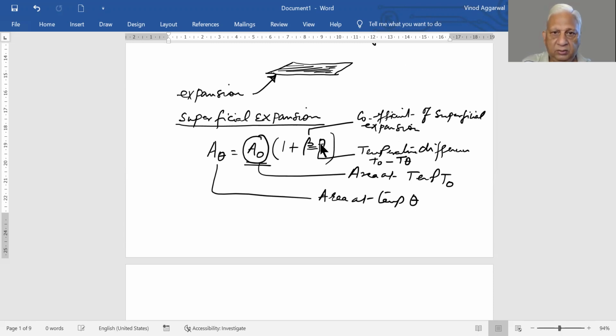Mind it, both are not the same as this temperature, but theta is the difference between the original temperature and the temperature at which you want to find the area.